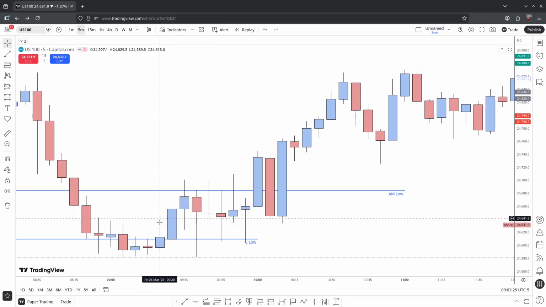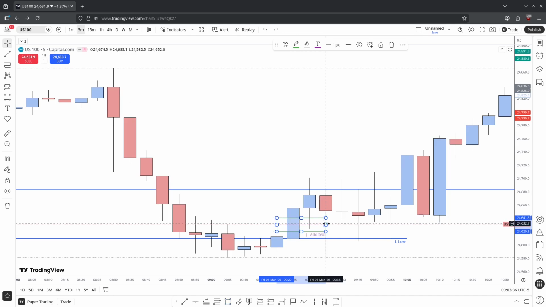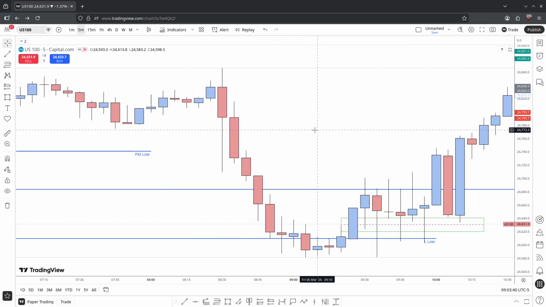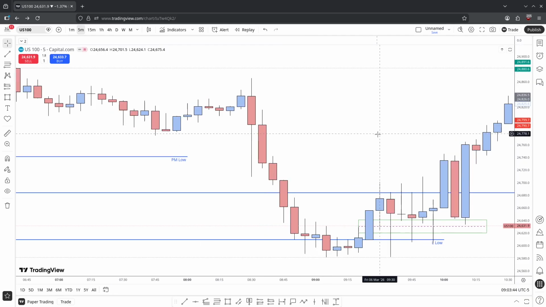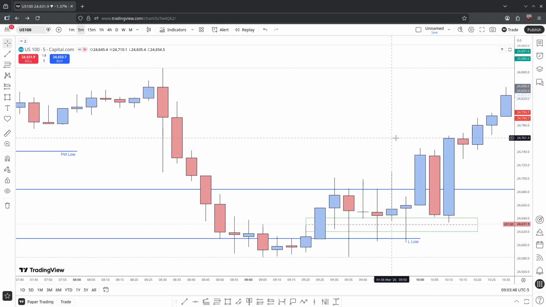Since this wick and this wick overlap, if you take the mean threshold of this wick and the mean threshold of that wick, okay, that we call an I fair value gap. That's something ICT taught quite a while back.